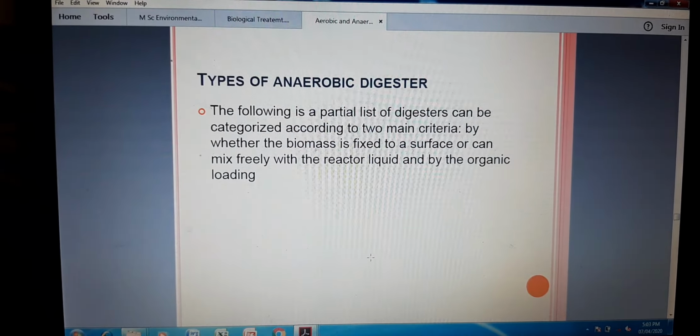Okay, this is the structure of the UASBR, the upflow anaerobic sludge blanket reactor. This is a closed reactor. This is the influent, meaning the entry of the wastewater, this way, from bottom to top.